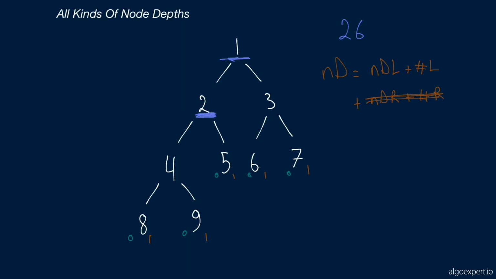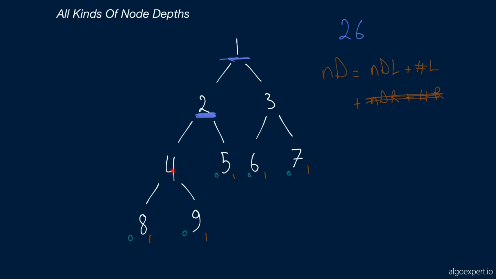So there's nothing to add, hence 0. However, these subtrees rooted at these leaf nodes have one node each. So to get all of these values, the 0, 1s for all of these leaf nodes, took constant time for each of them. We knew, because we were at a leaf node, that it was 0, 1.